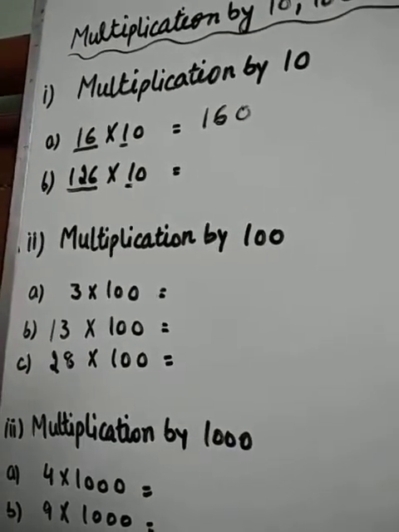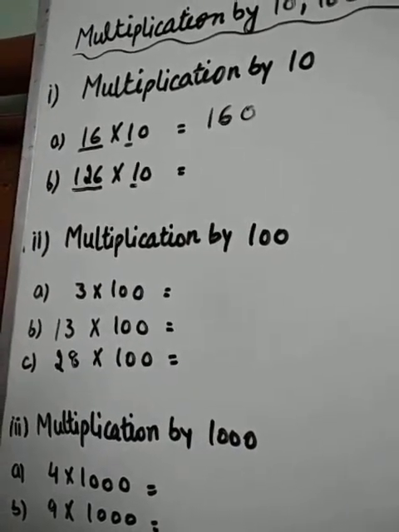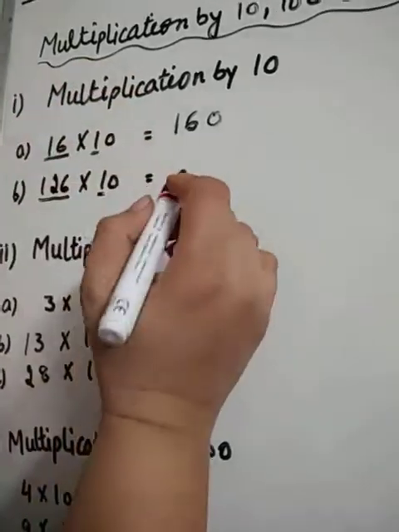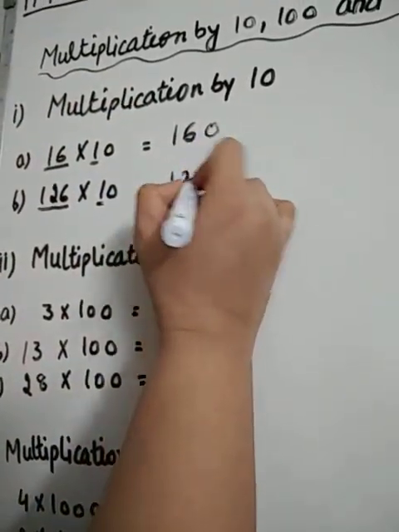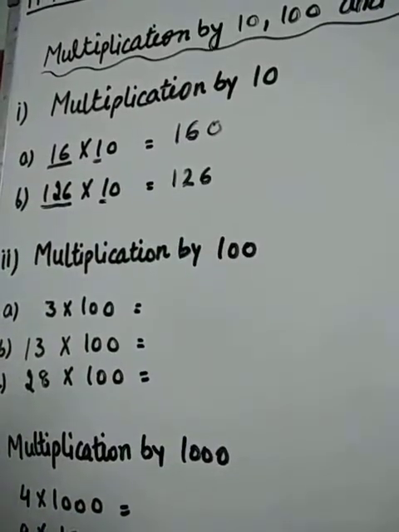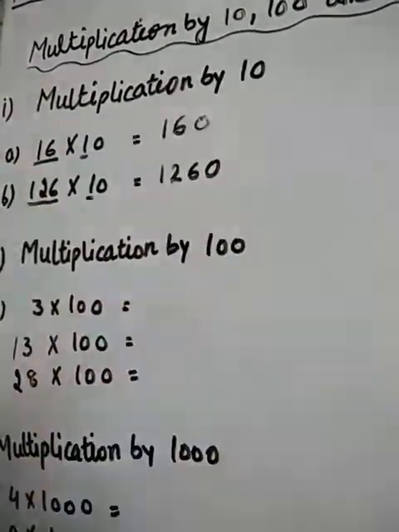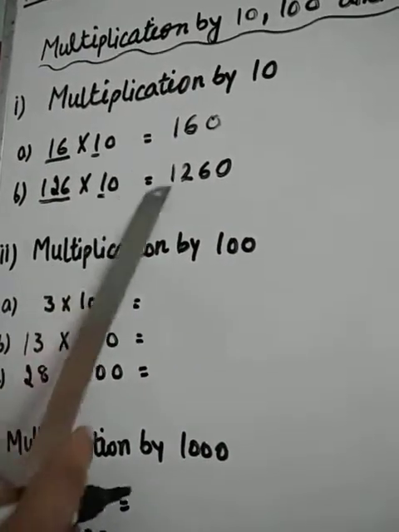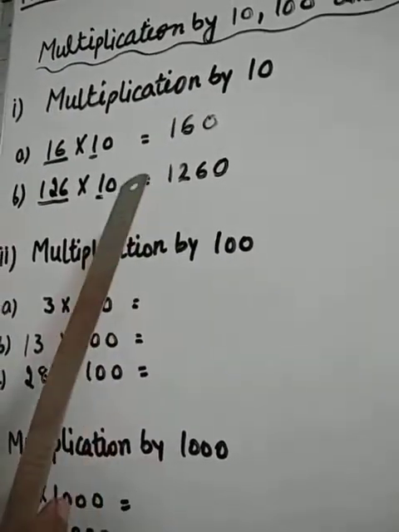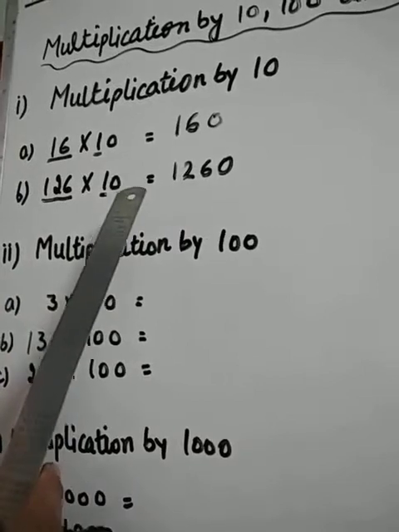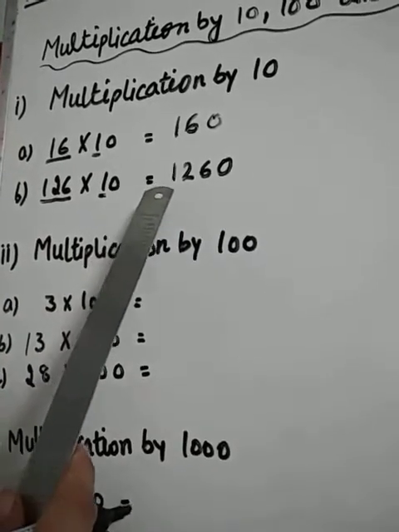Now here what is the number? 126. So I will write 126 here. And how many zeros are there? Only 1. So I will put 1 zero here. So what will be the answer? 1260.